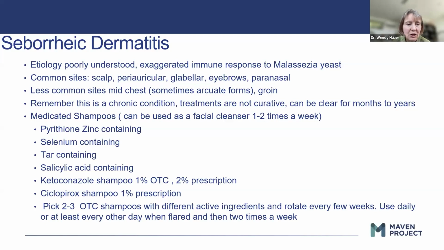I've listed the medicated shampoos, and one thing that I've found with my patients is that they do best when they pick a couple of shampoos with different active ingredients, and then they rotate those instead of just sticking with one all the time. So if you have someone coming in who's complaining that it's not going well, then I would suggest getting a couple of shampoos with different active ingredients and seeing how that goes. Next slide.